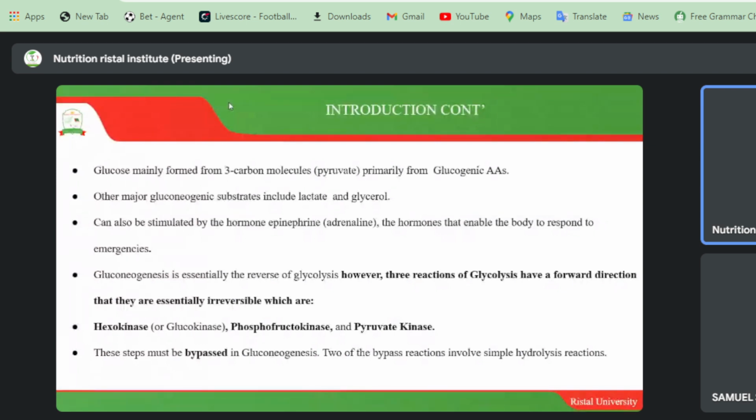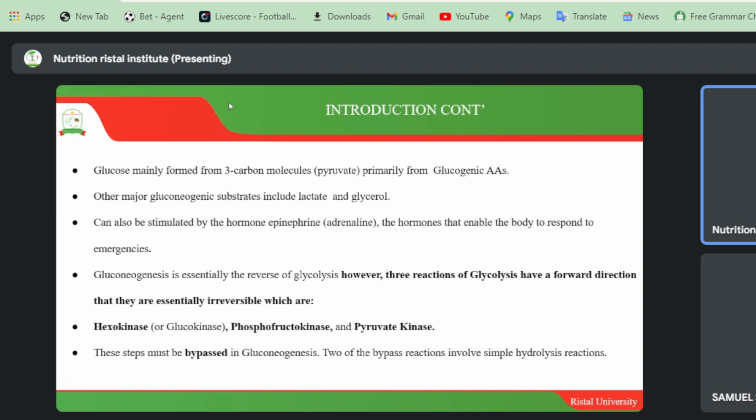And these steps must be bypassed in gluconeogenesis. Two of the bypass reactions involve simply hydrolysis reactions, which are the hexokinase and the phosphofructokinase. These are the two last bypass steps. In glycolysis, pyruvate kinase is one of the last steps, but in gluconeogenesis, it becomes your first step and the first bypass.